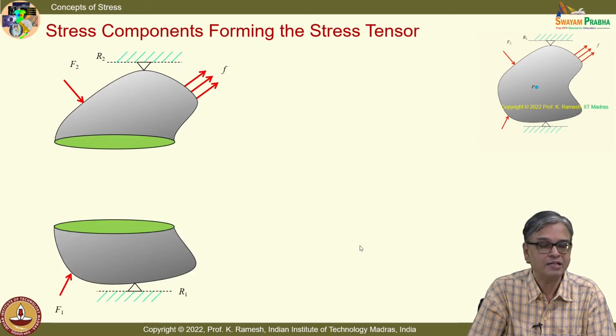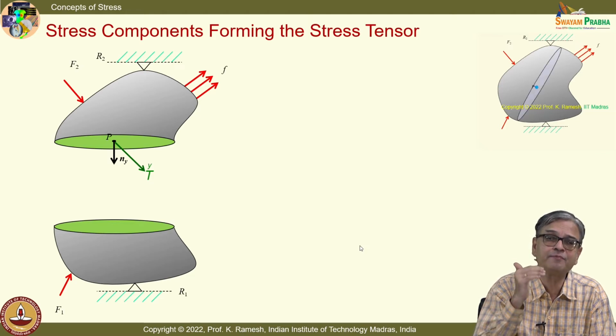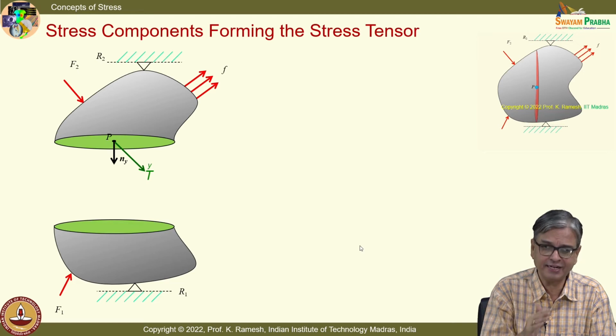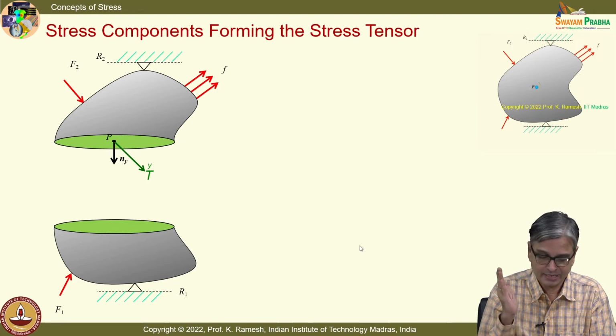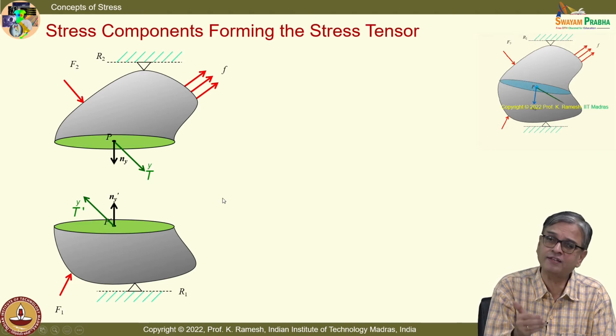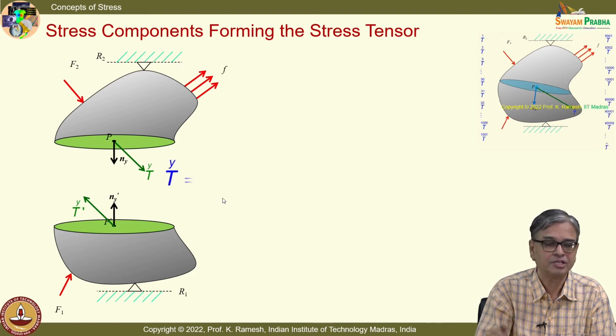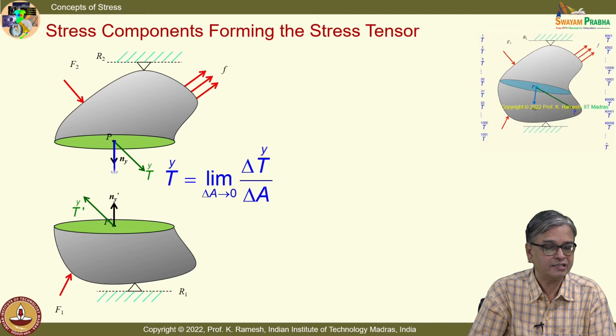So, now I take the y plane. Again, I take the same point; the point remains the same. The only thing is, the plane which I am passing through is different. These are mutually perpendicular. Because it is a y plane, I put this as Ty, and once I have this Ty, I can resolve it into components normal to the plane and tangential to the plane. These are depicted as the stress magnitudes. I call this sigma yy. Now, you can understand why I call this sigma yy, why I call this tau yx, why I call this tau yz.